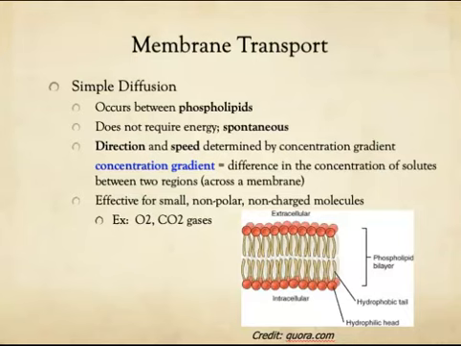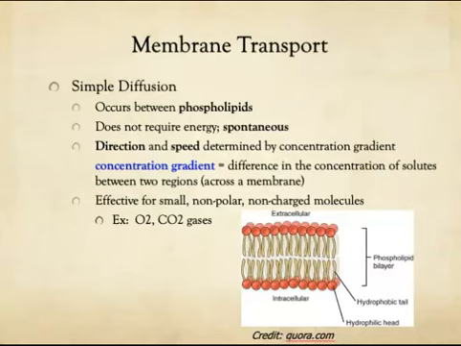And if you recall, all a concentration gradient is a difference in the concentration of some kind of solute between two different regions across a membrane. So we're comparing perhaps outside the cell to inside the cell.